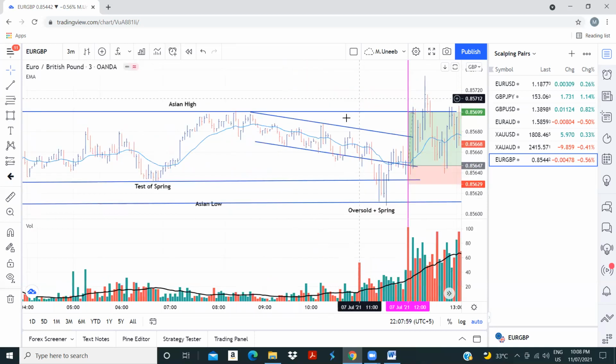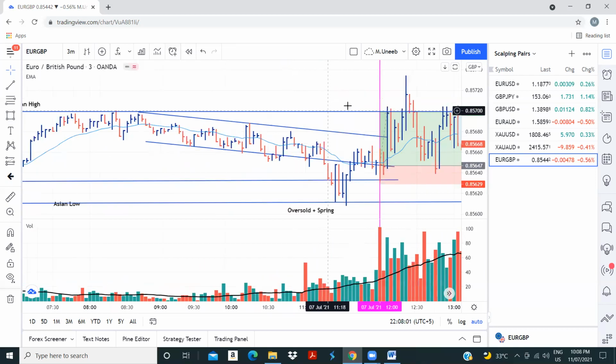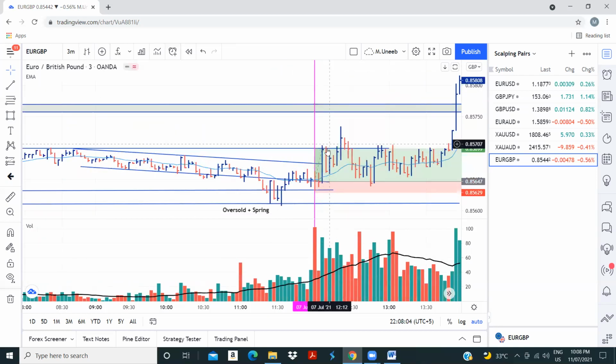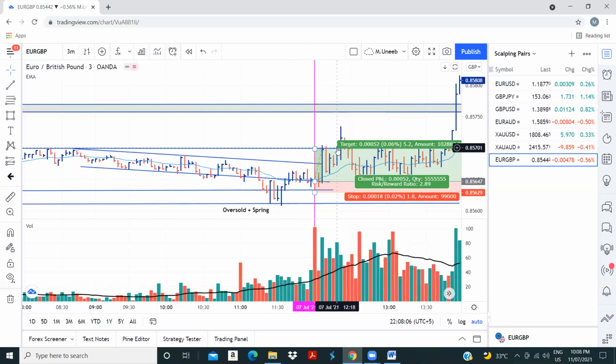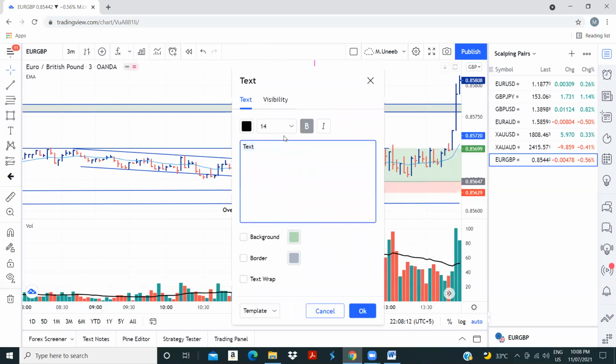All right, so that's what you can do. As I told you, you can close around. What I suggest, if you're going for this trade, is to close 75% of my position over here, 75% on the first target. This is my recommendation.